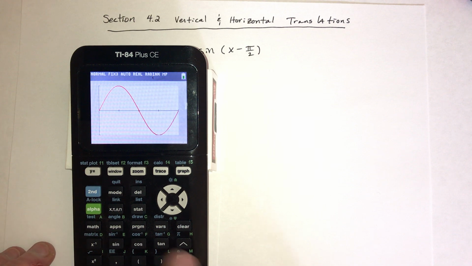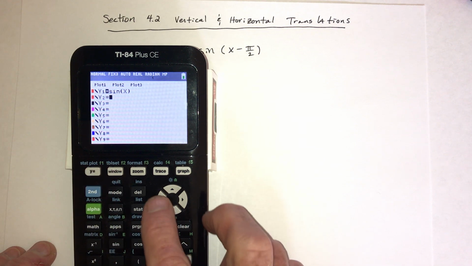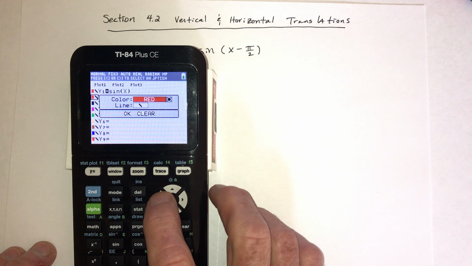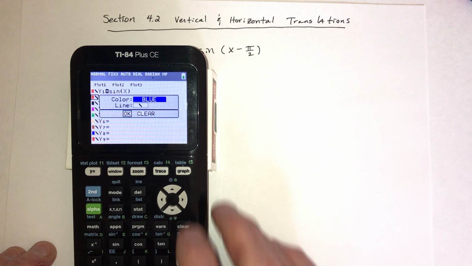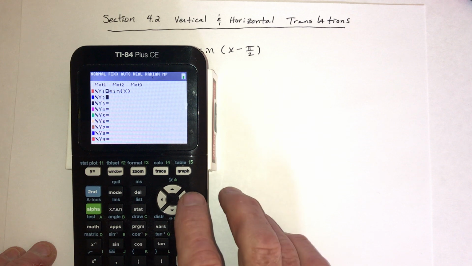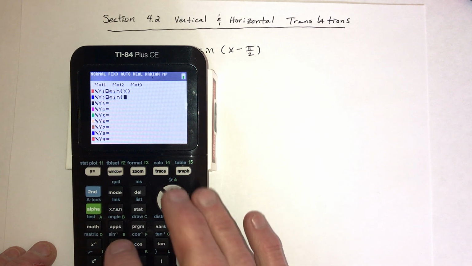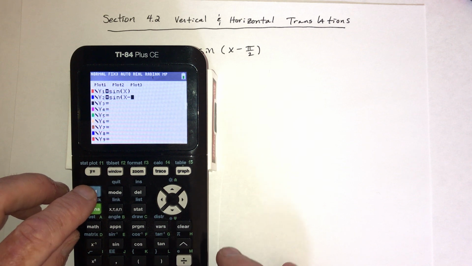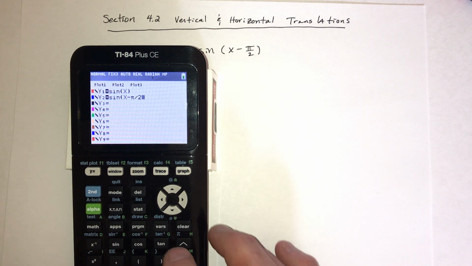Okay, now next to that, and I want to make this one blue, what if you do sine of x minus pi over 2? And then compare the two of them.